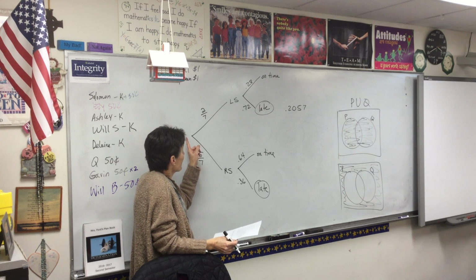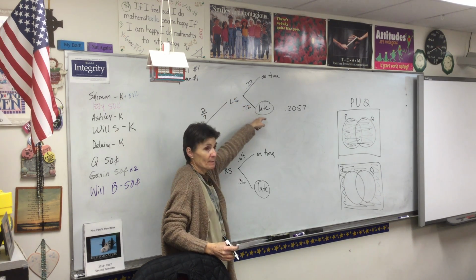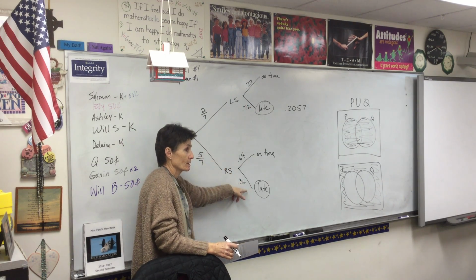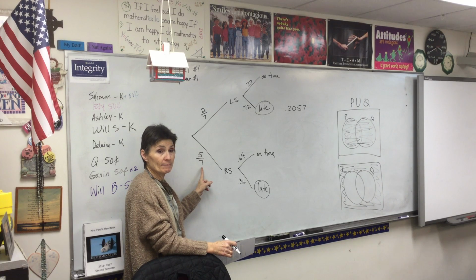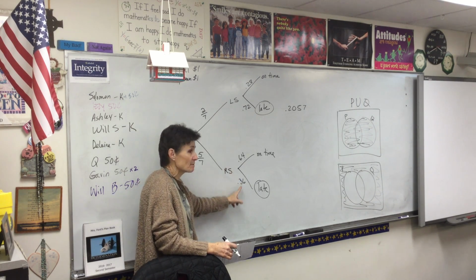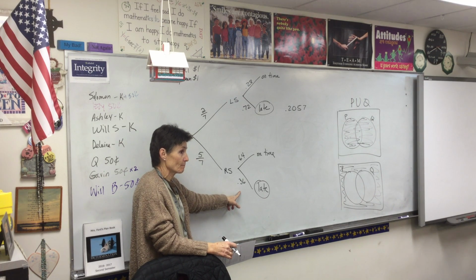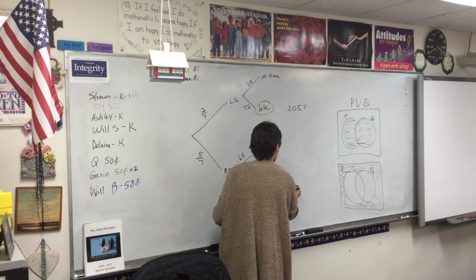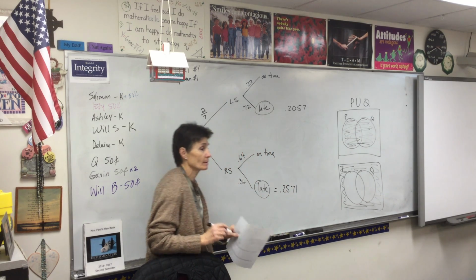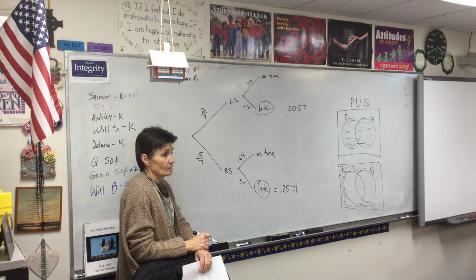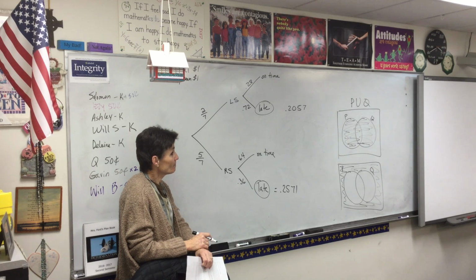Now, that's that way of being late, but we also have this way of being late. So we're going to multiply 5/7 times 0.36, which is 0.2571. And then what do we do to get the final answer to the problem?